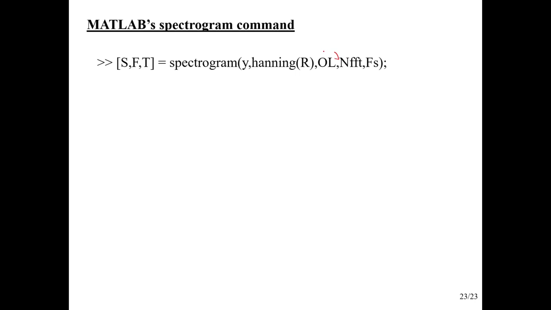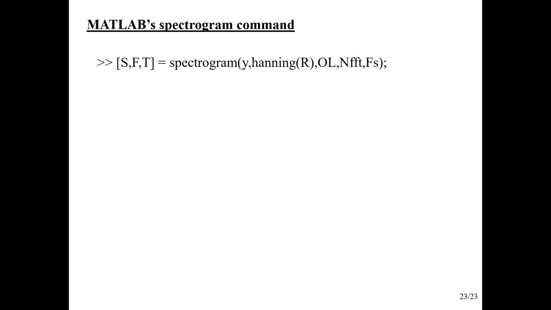This is the overlap. I'll show you what that means there. And this is your FFT size. We'll talk more about that. And then finally, the sampling rate that this signal has been sampled at allows you to create the time and frequency vectors.